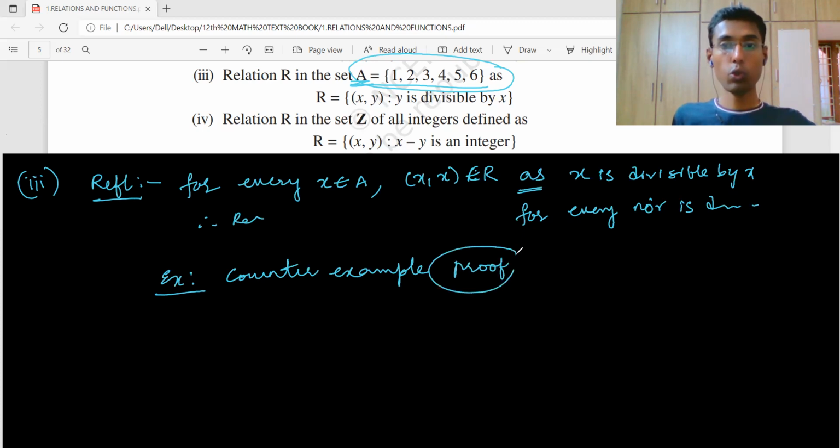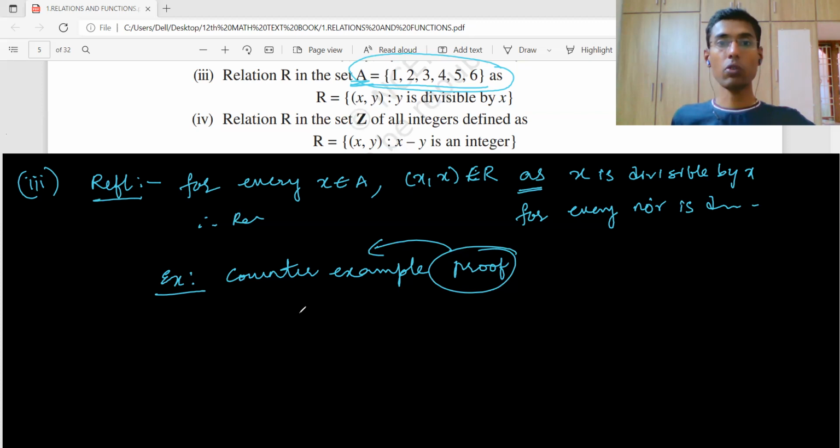Whenever you say no, you should give an example where it is no. Because if you say yes, you have to prove it; you cannot give one example where it is true. But if it is not true, one example where it fails is enough, right? Yes.